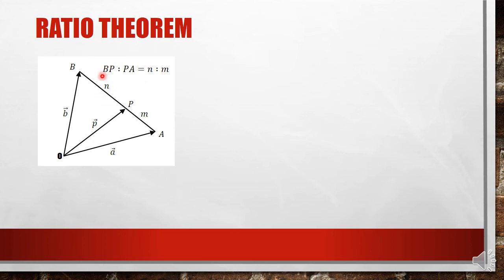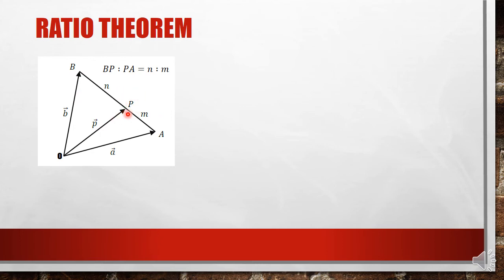The position vector of B, OB, is this one. The position vector of OP is this, p with a small letter. The position vector of OA is a. This is how to find the position vector of P.